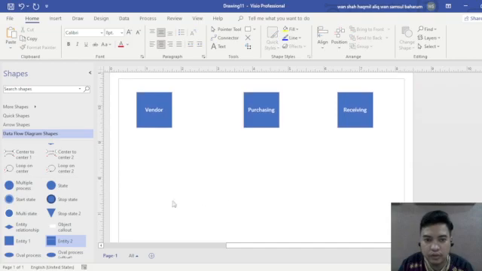First, from the vendor, we send the invoice to the transformation data with the name record payable.